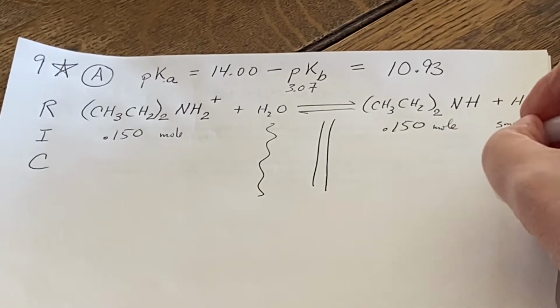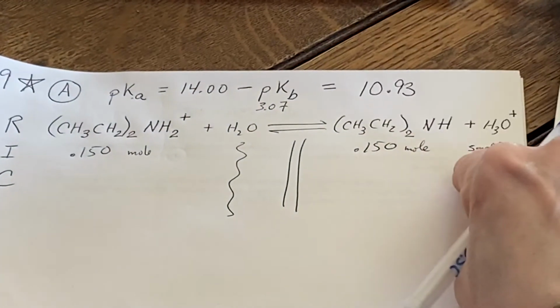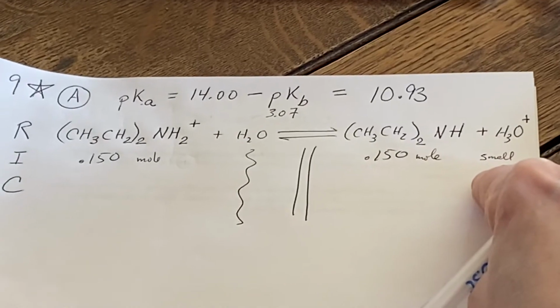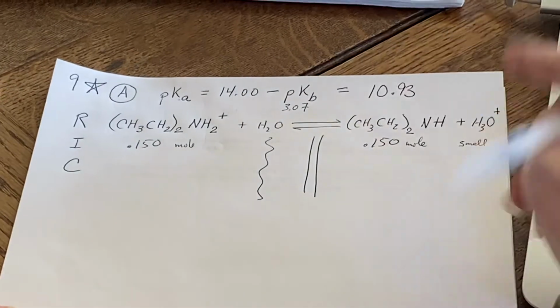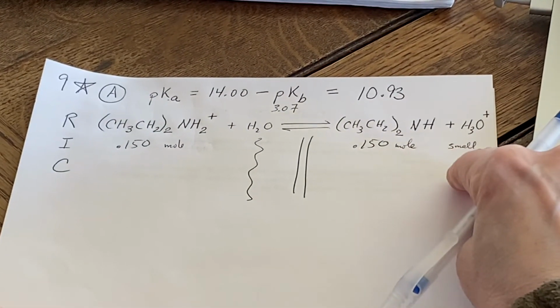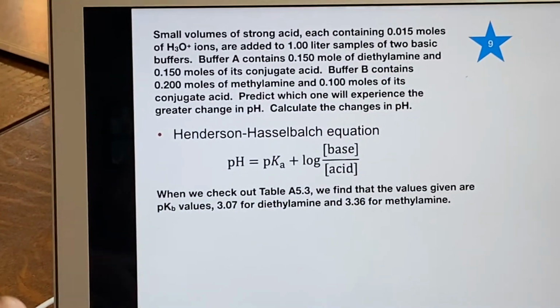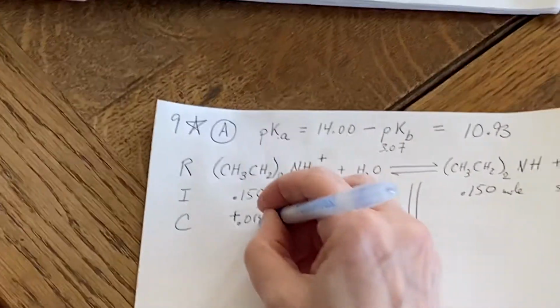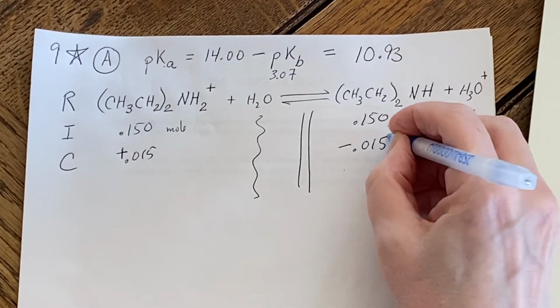If I am adding that here, this whole thing is going to go that direction. It wants this to stay small, and yet I'm dumping in 0.015 moles of it. It's going to try to take this right back down to being small enough to not worry about, and the only way it can do that is to take the whole 0.015 moles and shift it over. So the change is adding the 0.015 here and subtracting the 0.015 there.